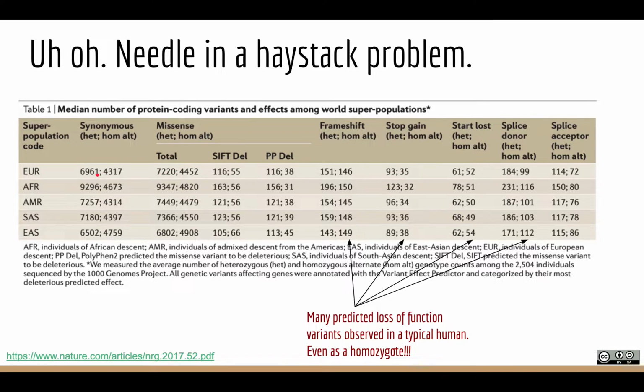So let's just look at one example: a typical individual of European ancestry has about 7,000 sites in their genome which lead to a synonymous change in a heterozygous state. So one of the two alleles that they inherited from mom or dad is a synonymous change. And there's about 4,000 where they inherited that change from both mom and dad.